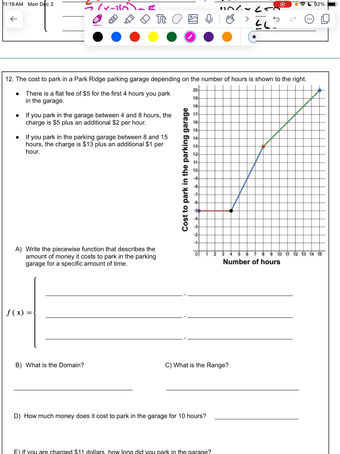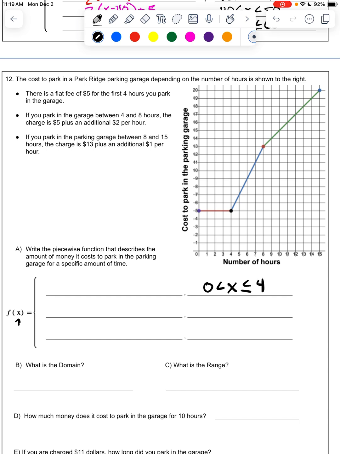Again, there's 3 pieces. Okay, the first piece, let's use x for our time. So the first piece is from 0. Do they charge you for exactly 0 minutes? No, you have to enter the garage. So I'm going to not make that equal up until x equals 4.